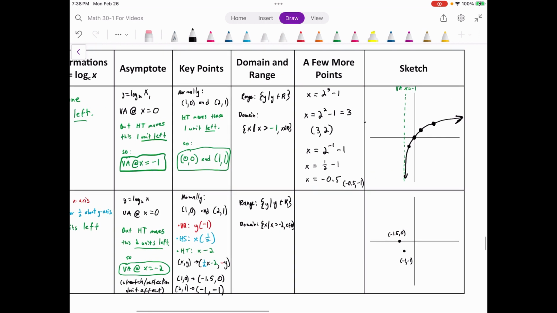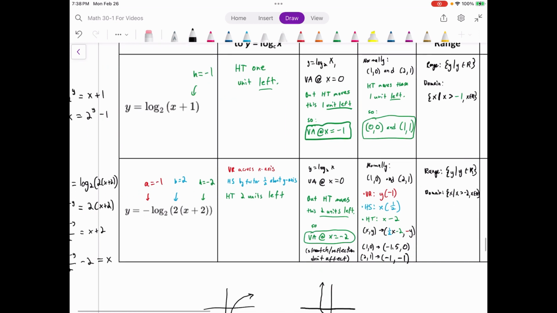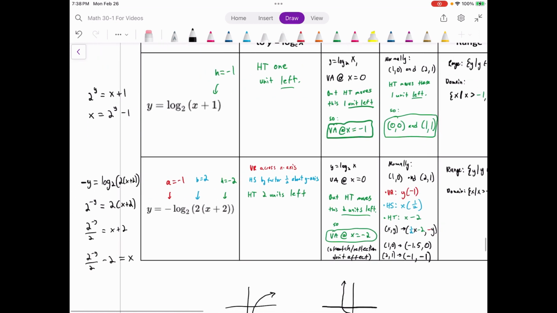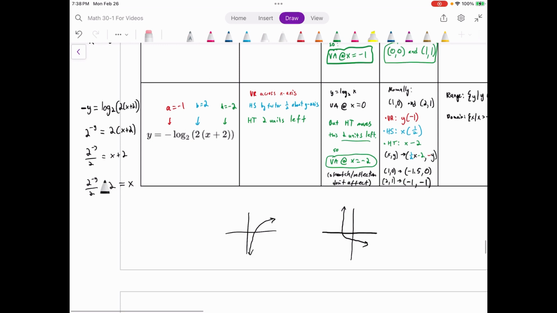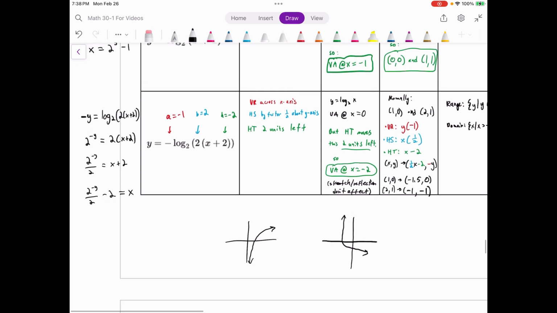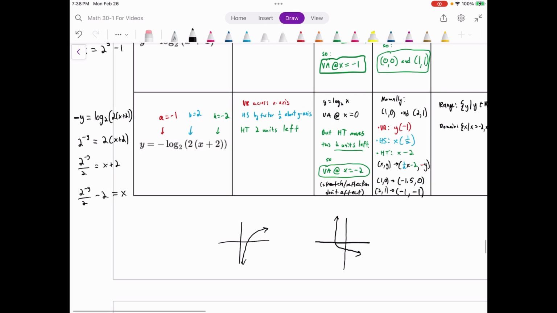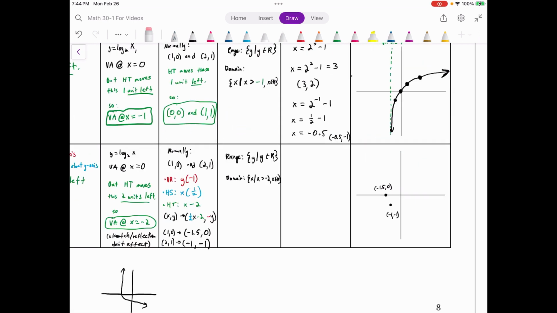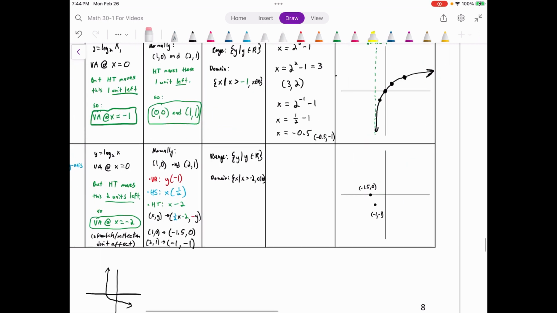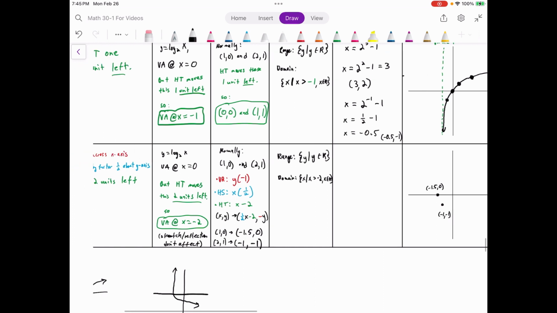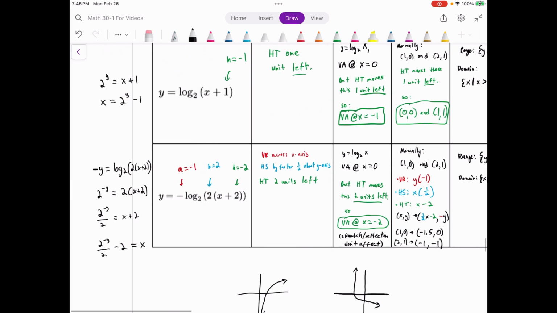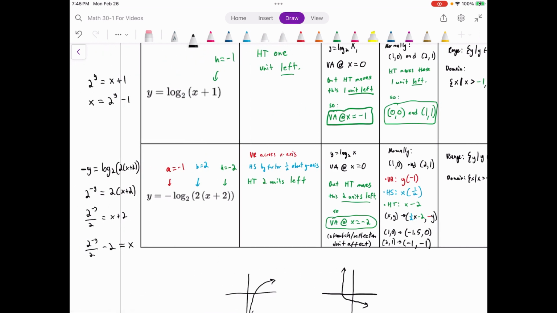Okay, and then we can always just use the equation to get a few more points. Like I said, it's often a little bit easier in exponential form. It's just a little more intuitive to do the calculations. Okay, we already know the points when y is 0 and when y is negative 1. So let's create a table of values here to help ourselves graph a little bit more, right?